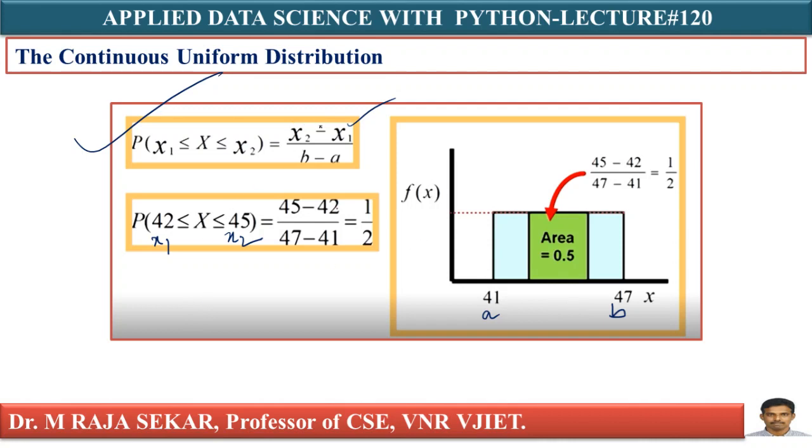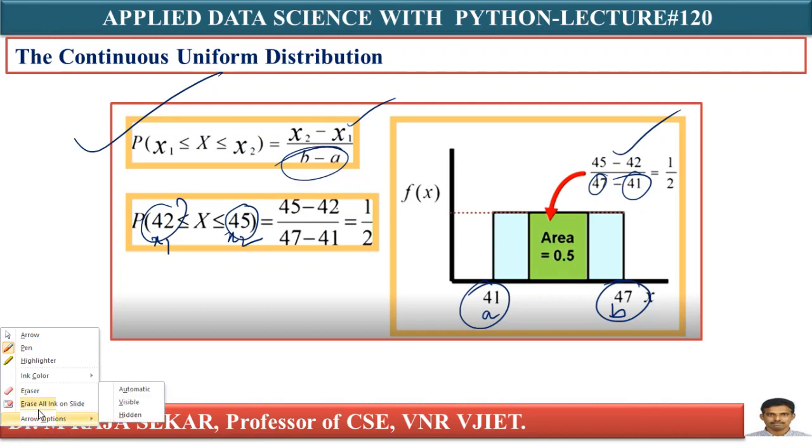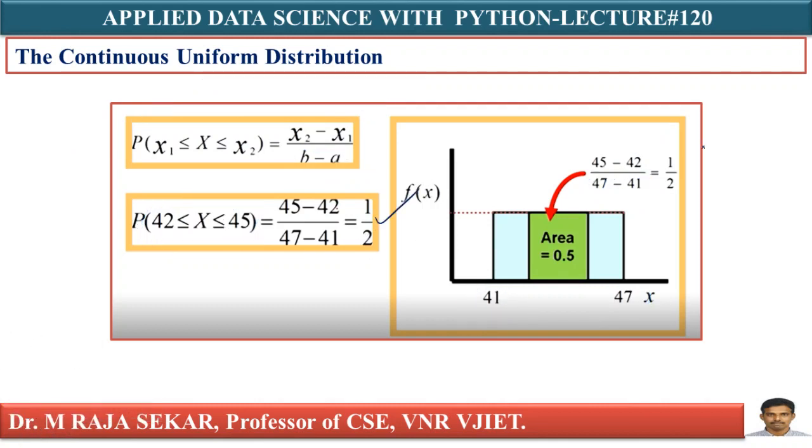Therefore, x2 minus x1 means 45 minus 42 in the numerator, and the denominator is b minus a, that is 47 minus 41. That is essentially 1 by 2, which means 0.5.